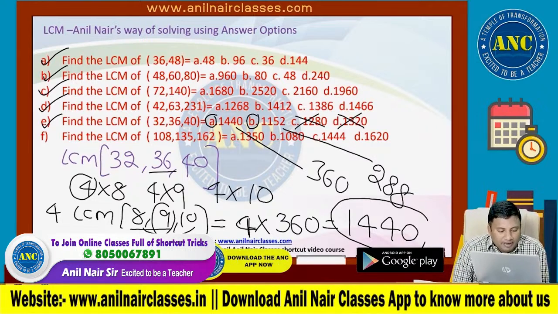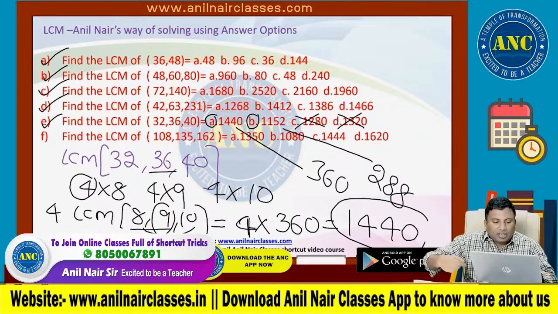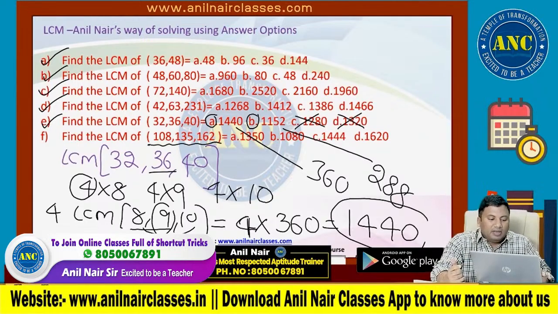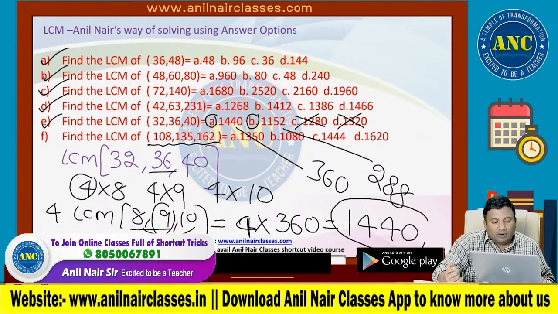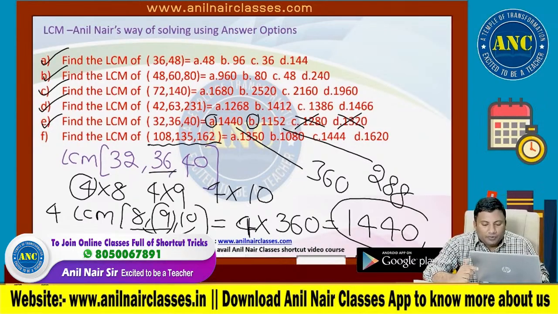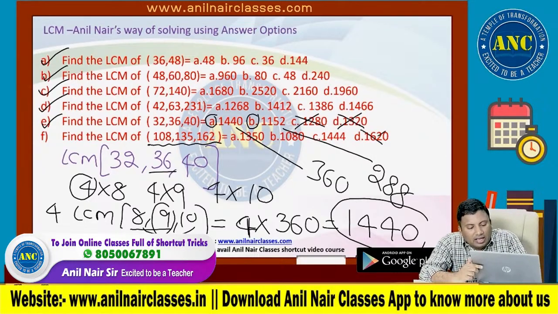LCM of 108, 135, 162. All the answer options' digital sum is 9. That is the beauty of our class. All the options' digital sum is 9. So this is eliminated. This is eliminated.